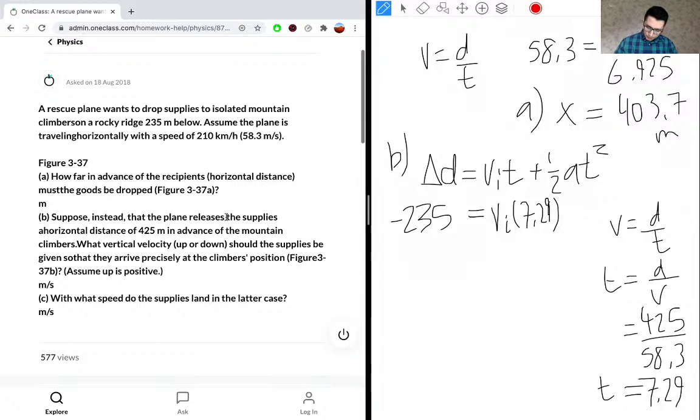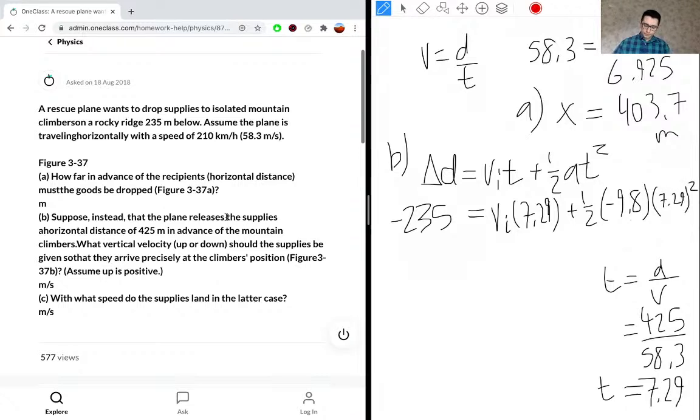So we plug that in over here, 7.29, and we have plus a half, acceleration is negative 9.8 times 7.29 squared.